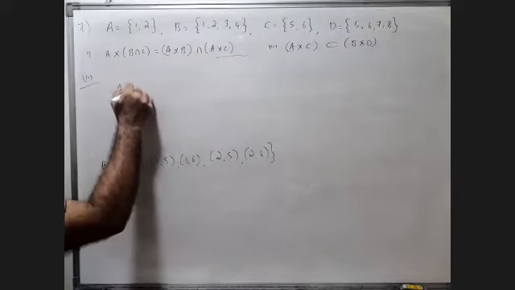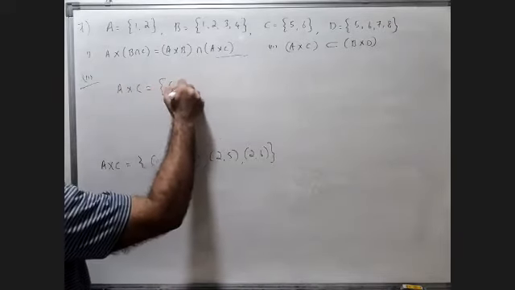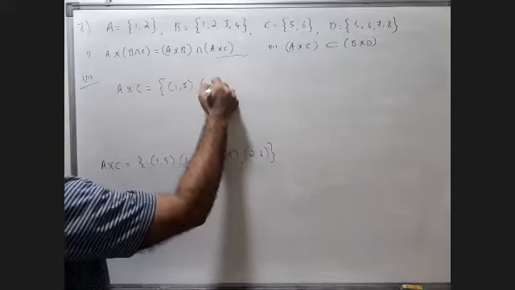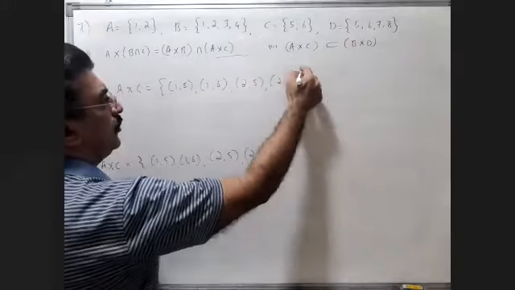A cross C is 1 5, 1 6, 2 5, 2 6. This is A cross C.